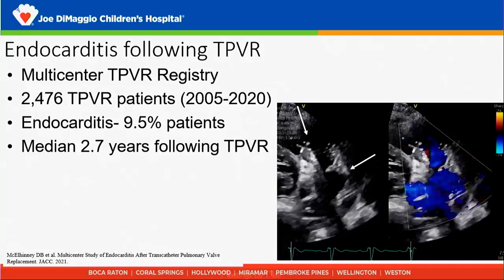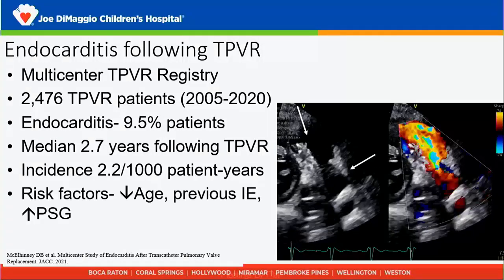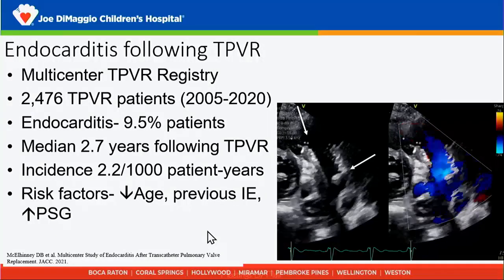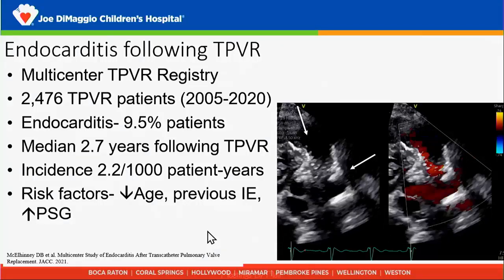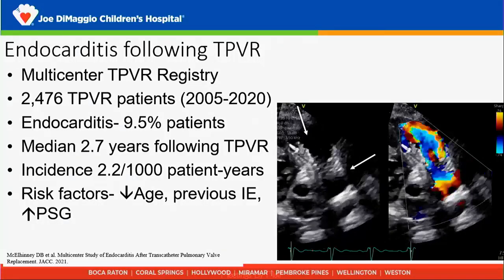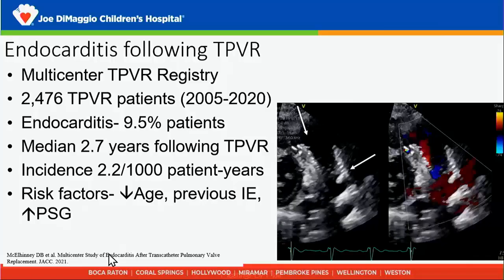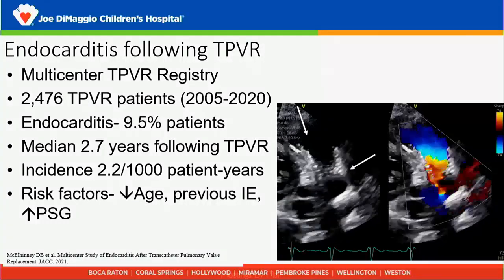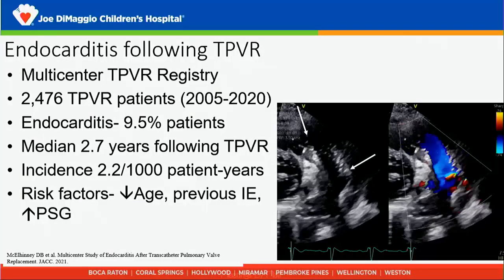It was usually within about 3 years after that, and the highest risk factors were actually lesser age, and it's not clear why there's that association. Previous endocarditis episodes, if you had it once, you're more likely to have it again, and an increased pressure gradient.